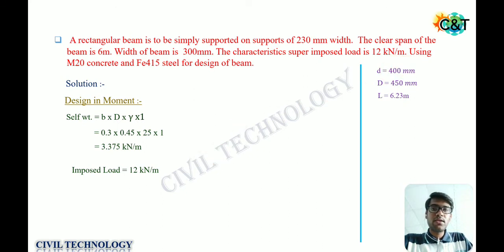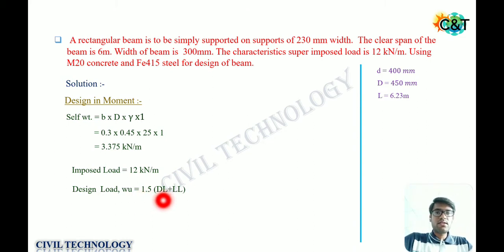Based upon that we can calculate the design load. The design load formula is 1.5 times dead load plus live load. This 1.5 is the factor which, if you read the IS 456 code, you can easily understand how it comes out.